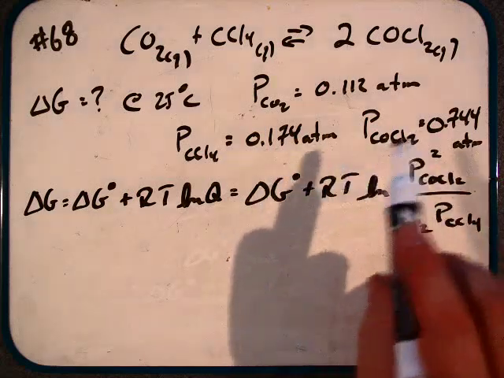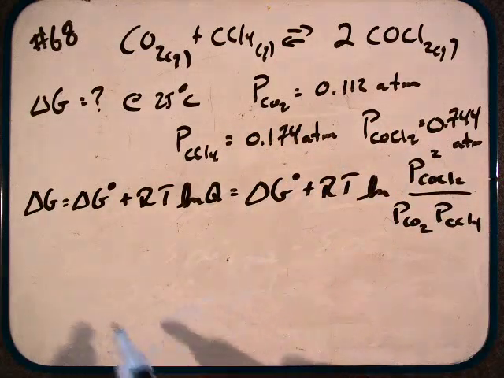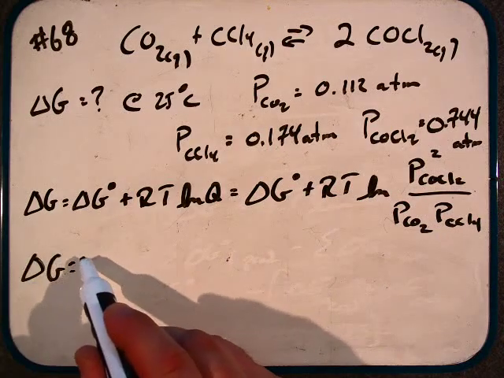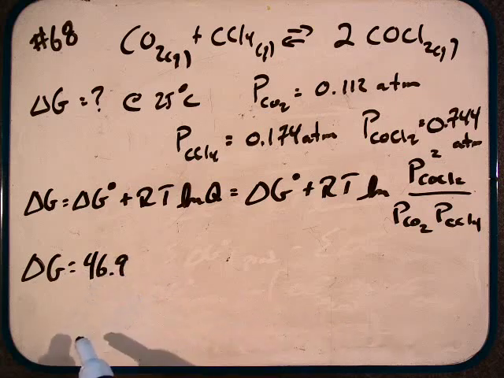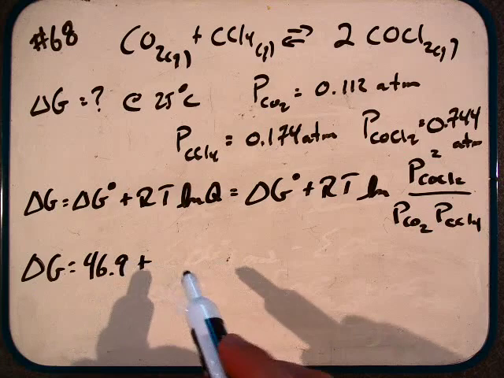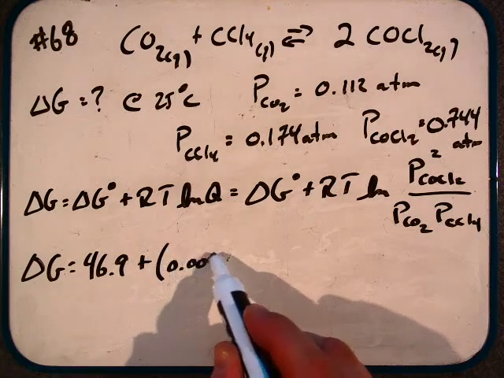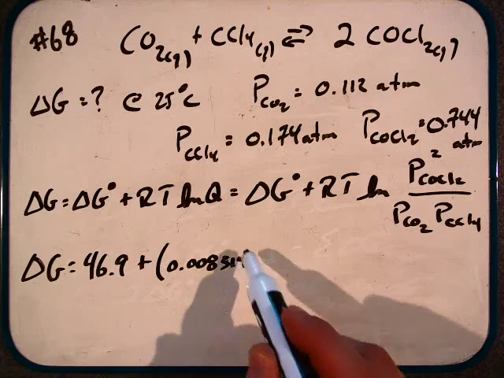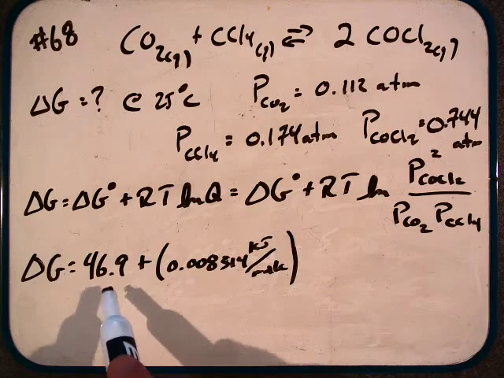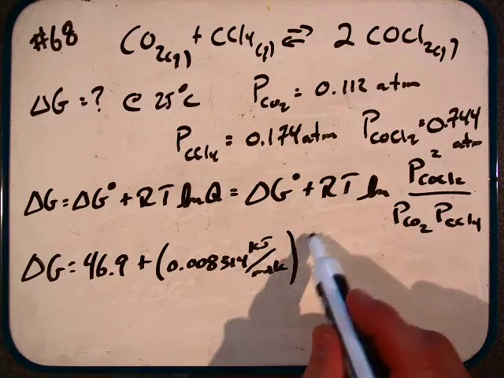And we have all of these values given from the question. We just solved for our delta G at standard state, and so we can plug these values in. We have 46.9 kilojoules per mole for our delta G. We have our R value. I'm going to already convert it to kilojoules per mole Kelvin, so it agrees with our kilojoules per mole for our delta G.